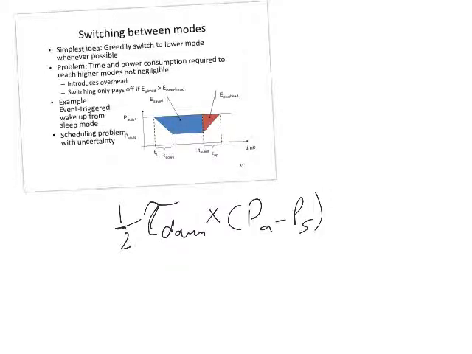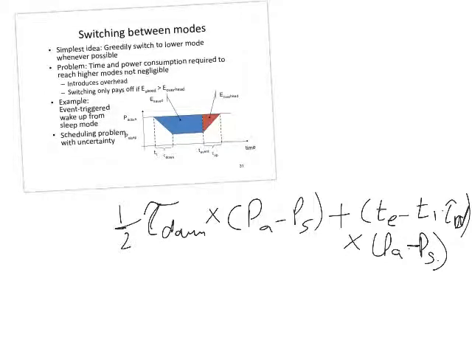This is the area of the triangle, right? And then plus T event minus T1 minus tau down. Okay, this is the blue part, times (P active minus P sleep), right?